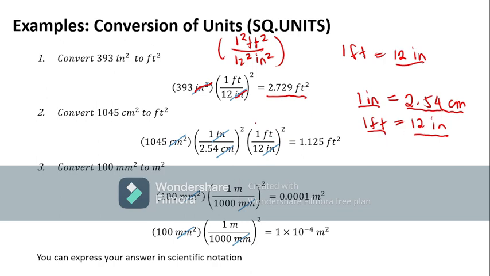So, pareho sila, feet tapos feet. Pero, sabi ko nga, naka-square foot kasi tayo, naka-square. So, gawin nyo, itong buong to, square nyo din. So, 1 squared inch squared, para siyang ganun. Tapos, 2.54 raised to 2, centimeter raised to 2. Cancel, cancel. Tapos itong inch na to, naka-square, di ba? Naka-square to. So, dapat ito ding isa, naka-square din.